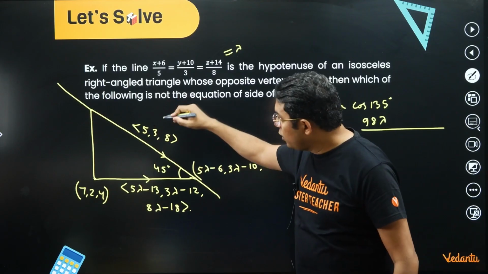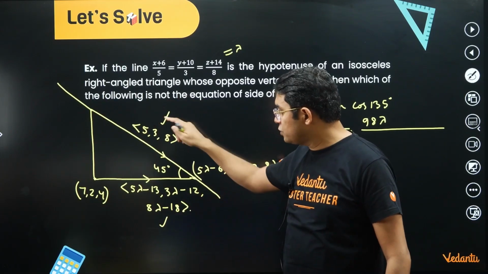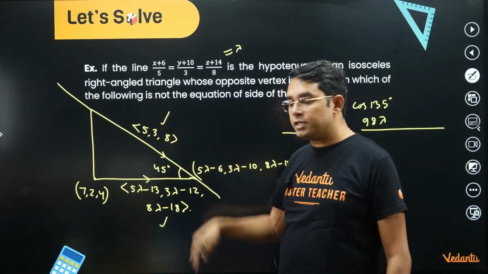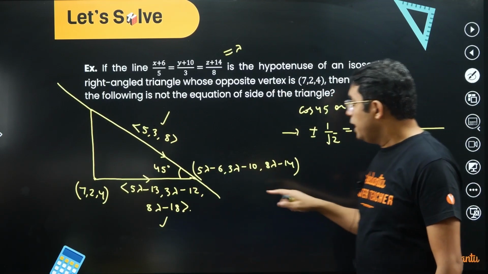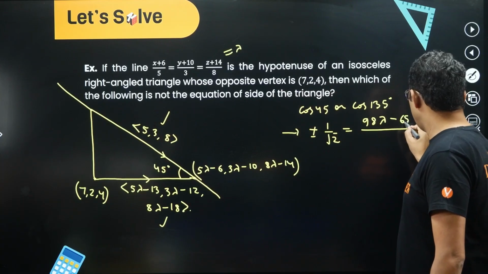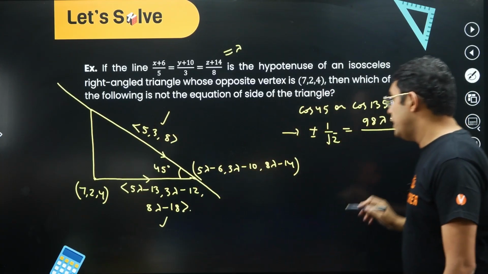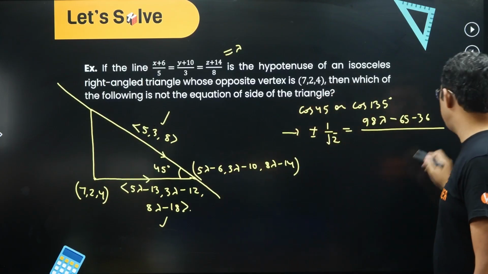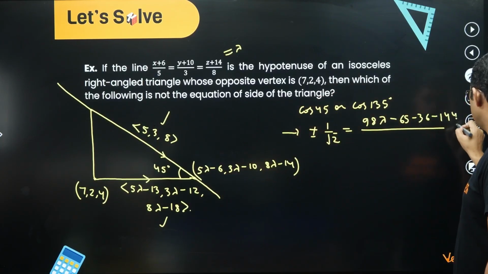Taking the dot of this direction ratio with this direction ratio: 5 square 25 plus 9, 34, 34 plus 64 is 98. And the constant terms: minus 65, and 3 multiplied with 12, so 36, and 8 multiplied with 18 is 144.